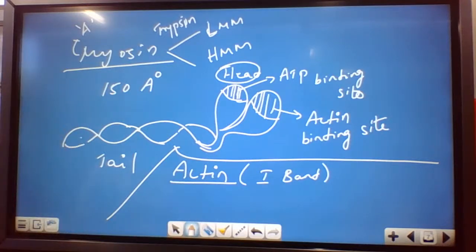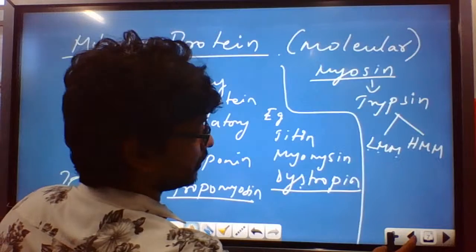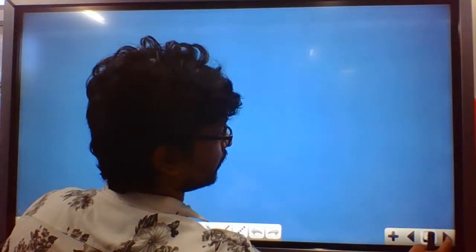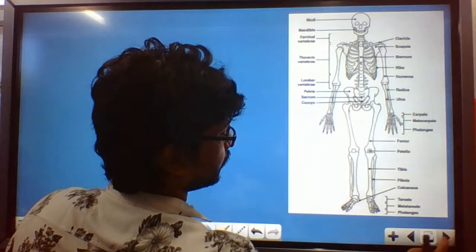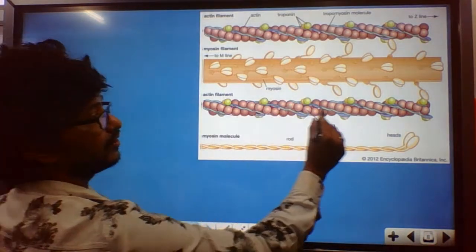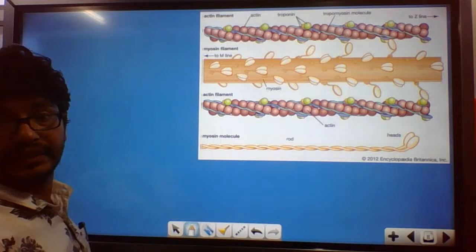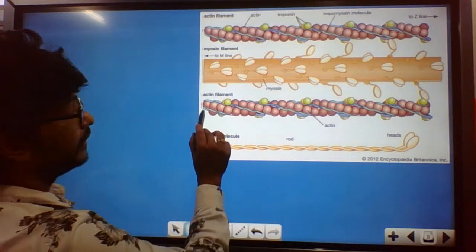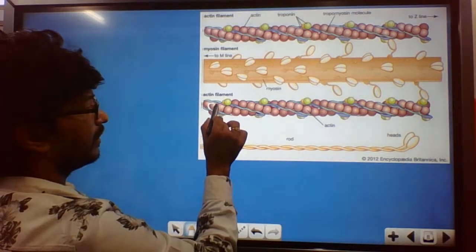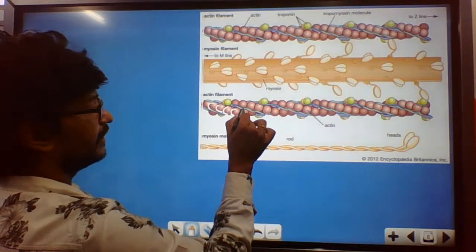Coming to the actin. When you look at the actin structure, I'll just show it instead of drawing. See, this is the structure of an actin filament. I hope it is visible for you. Fine. Looking at the actin filament, you could see the globules, the spherical parts.